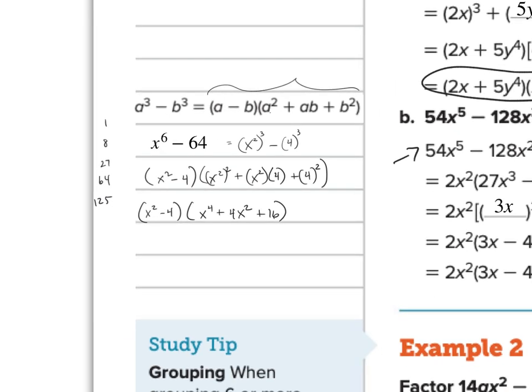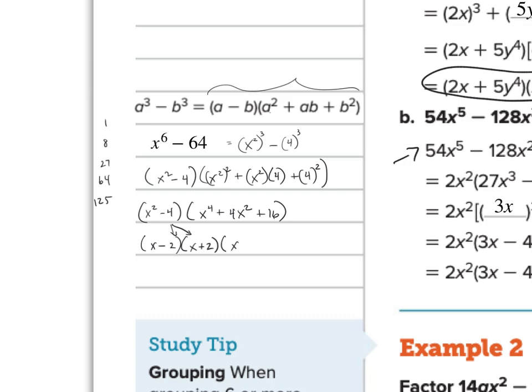And some people would say, bam, we're done. We're not. You should be able to hopefully recognize here, look at this, I have the difference of squares. If you look back on the previous page, remember the difference of squares is x minus 2, x plus 2. That's how this would have factored out.